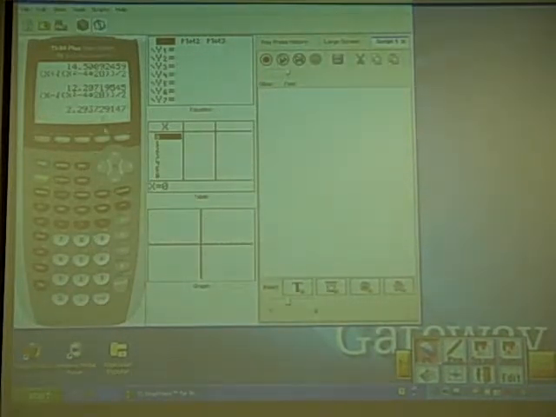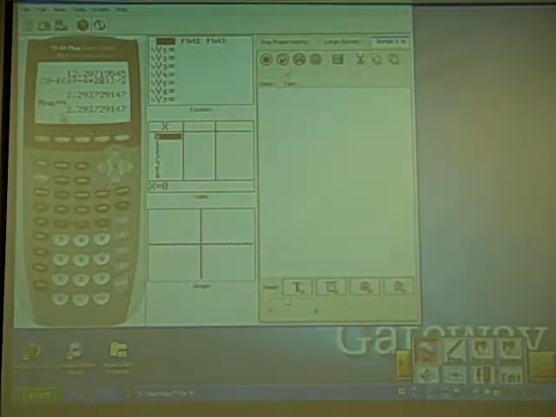We have to store this answer, so we're going to hit store. Let's use second and answer, since this is the last one that we called up, and we're going to store that into alpha and n. And hit enter.